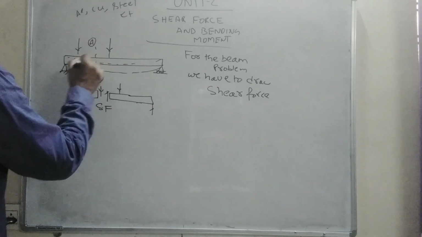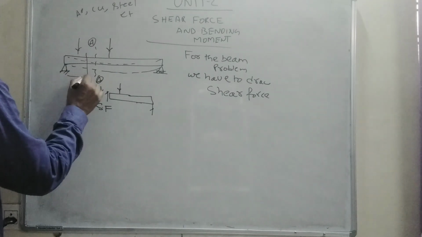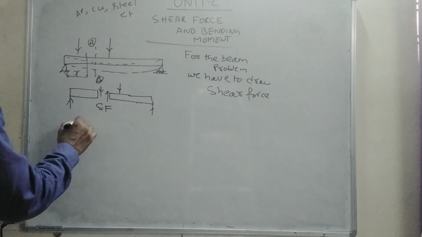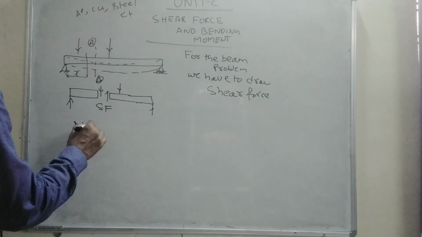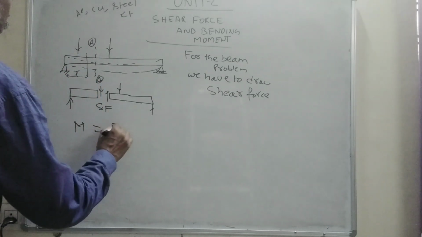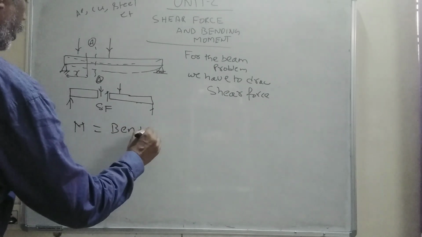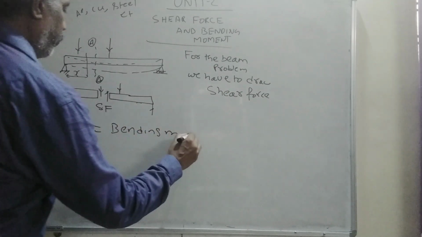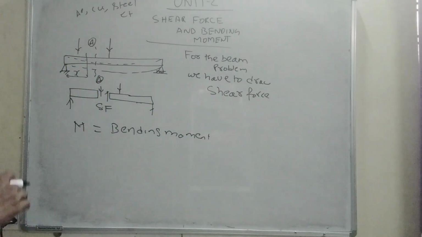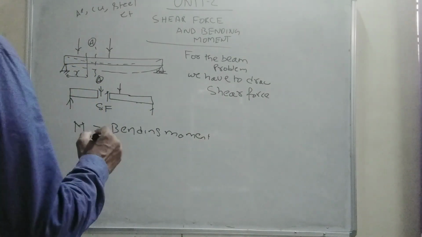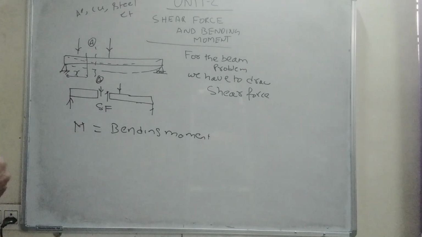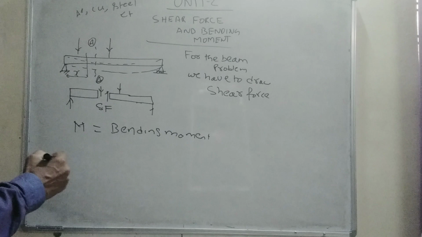At any point, which is at a distance of x from one end, the moment about the particular section is called bending moment. And this bending moment also will change along the length of the beam. So that is the definition of shear force and bending moment.